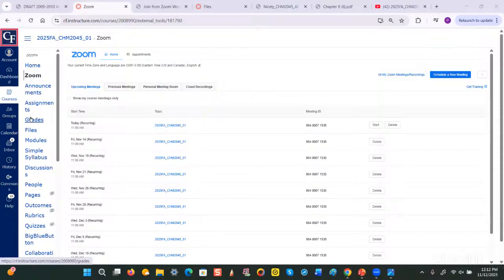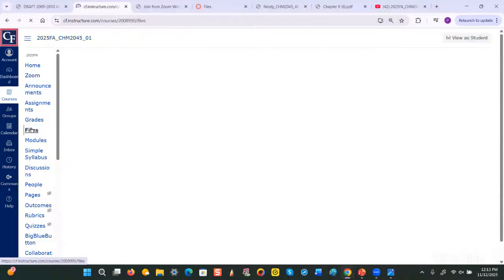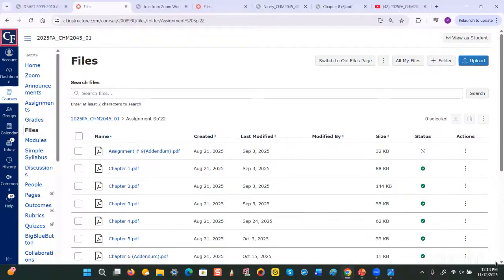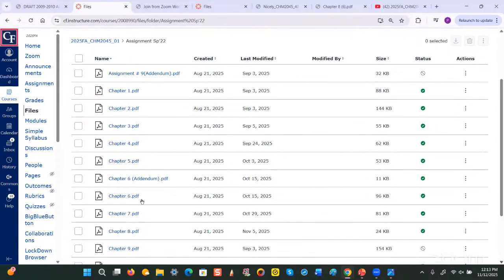Last test was based on chapters 3, 4, and 5. So 6, 7, and 8, which is what we just completed, will be what the next test will be based on.